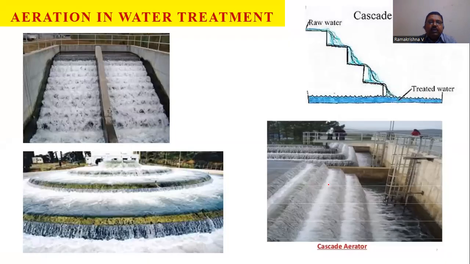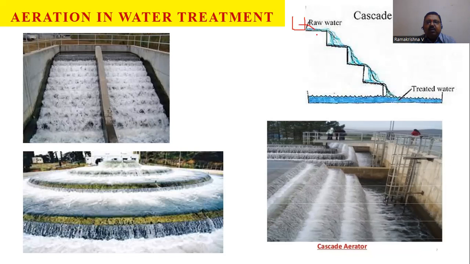How do we do this? We have different cascade towers, which are constructed for this purpose. You have a tank here, and you allow the raw water to flow through a series of steps. So it is falling through a step.